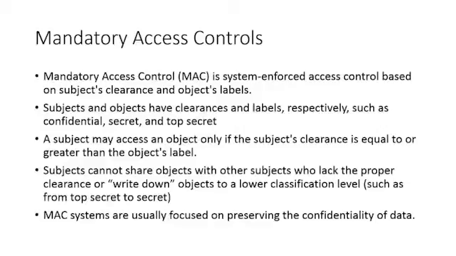Subjects cannot share objects with other subjects who lack the proper clearance or write down objects to lower classification labels. So even though I said top secret can access this, they can't write down to it, right? They can see it, read it, but no write down. MAC systems are usually focused on preserving the confidentiality of that particular data. All right, so that's another key point that you want to file away in the back if you didn't have that one there already.